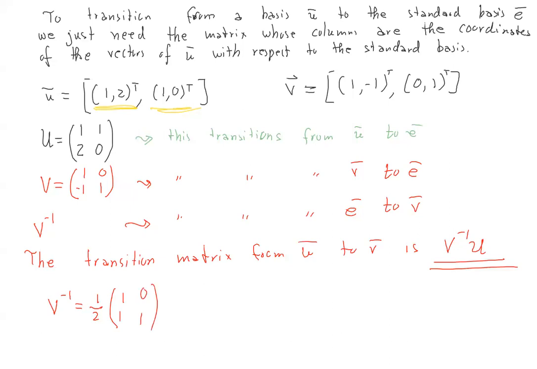The general formula, I remind you, is that the inverse of A, B, C, D is 1 over AD minus BC times D here, A here, negative B, and negative C.